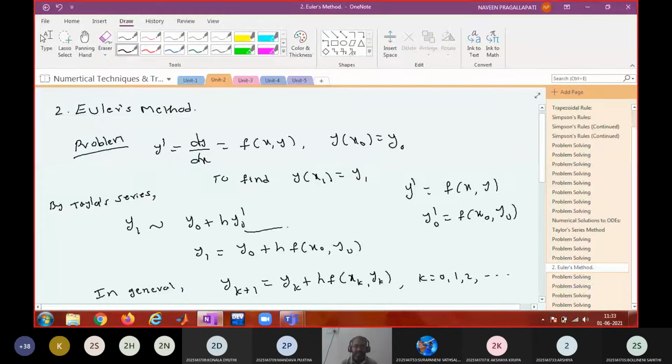So instead of y naught dash, we write f of x naught comma y naught. So this is the formula for y1: y1 equals y naught plus h into f of x naught y naught. In general, y k plus 1 would be yk plus h into f of xk comma yk. Okay, so write down the formula.